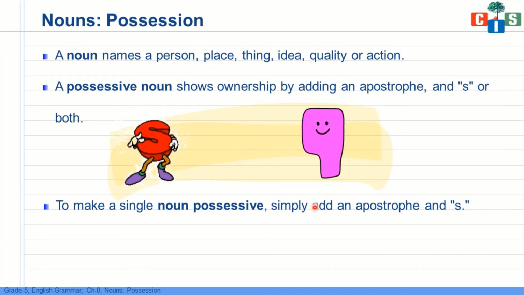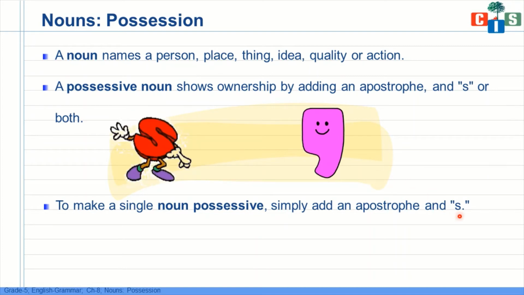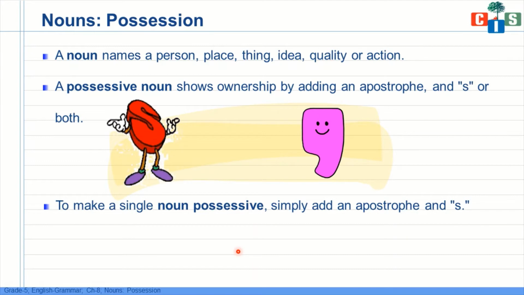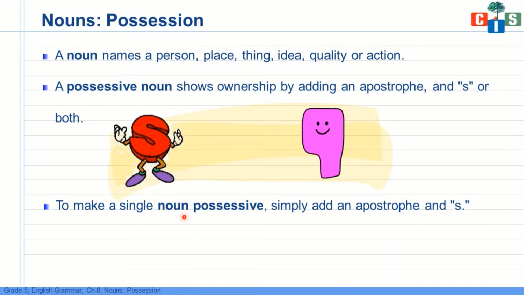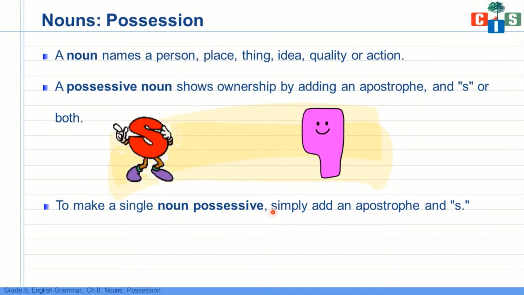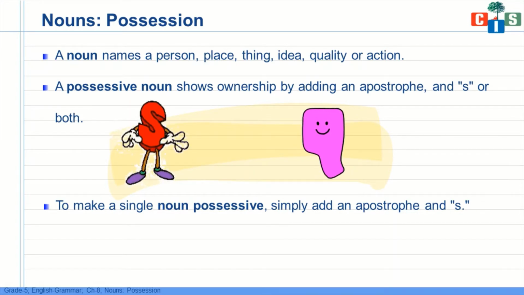We have to add an apostrophe, first the apostrophe and then s. When do we have to do this? When we are going to change a singular noun into a possessive noun, then we have to add an apostrophe and then s. This you have to remember. Okay, now let's see.